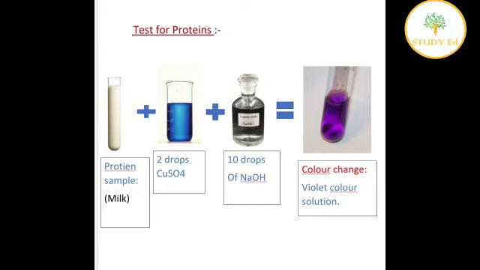We will see that the white color of the milk has changed into a violet color solution. So what does this color change indicate? It indicates that milk contains proteins. So you can try this test again with other food items to check whether those items contain proteins or not.